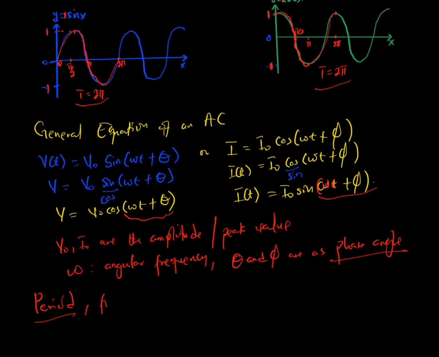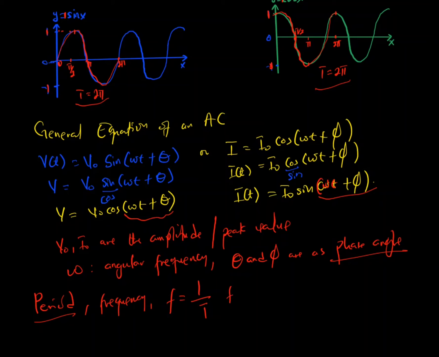And then we have what we call the frequency, F. The frequency is the number of cycles made in the time of 1 second, so it is just the inverse of the period. They have an inverse relation. So F is just 1 over T, where T is the period.